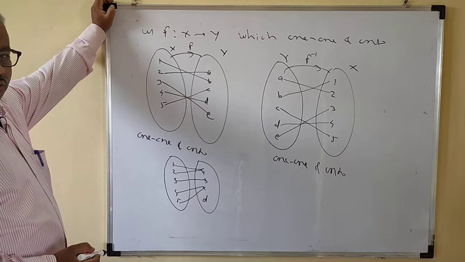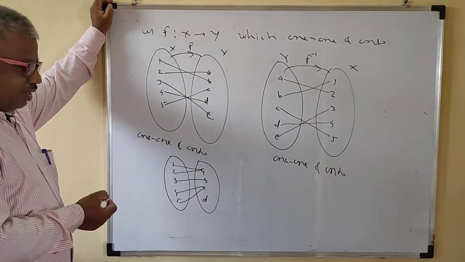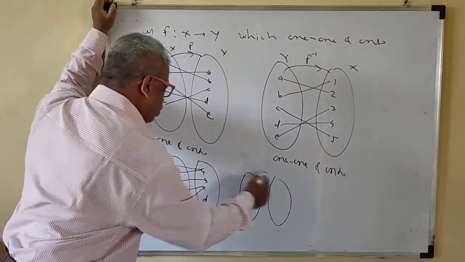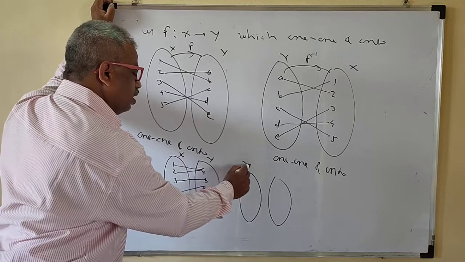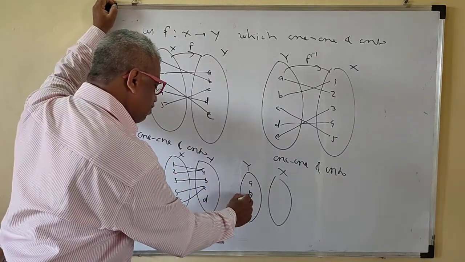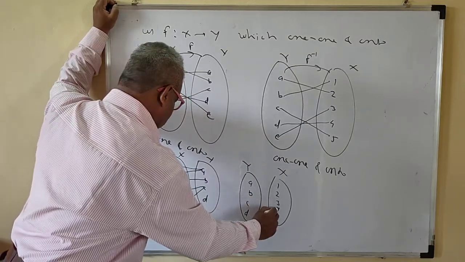This function is many one and into, because D has no pre-image. Now if you reverse this, suppose this is your x and this is your y, with A, B, C, D here and 1, 2, 3, 4, 5.